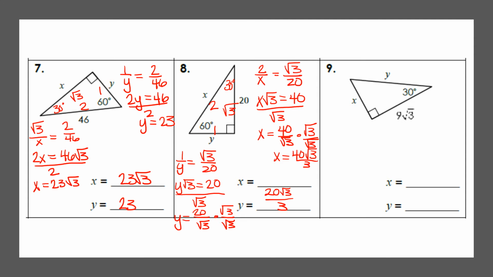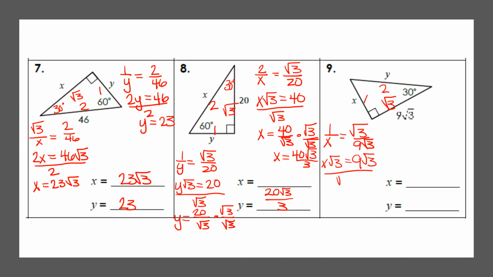If I work problem 9, again, across from the 30 is 1, the hypotenuse is 2, the long side is radical 3. So now, to find x, 1 over x equals radical 3 over 9 radical 3. So I've got x radical 3 equals 9 radical 3.